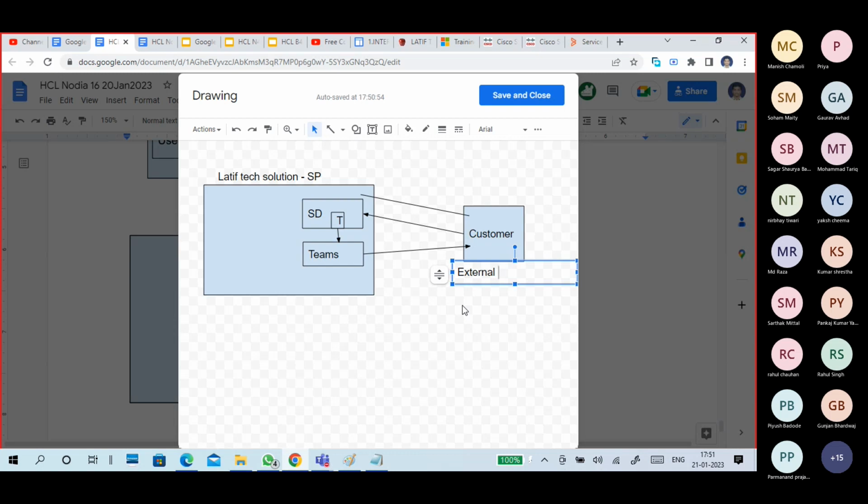I'm using Office 365 as an organization. From my organization, I can access Office 365 because it's a cloud-based service provided by Microsoft, taken by our organization and given to me. So that is organization-wise.